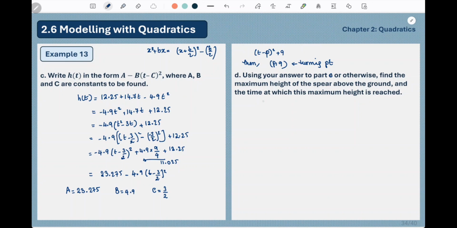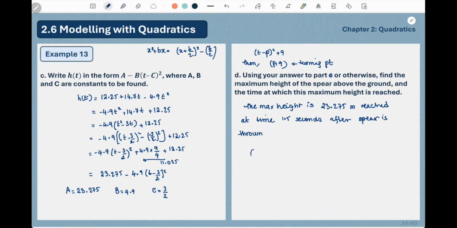It's then the maximum height is 23.275 meters, that is reached at time 1.5 seconds after the sphere is thrown.